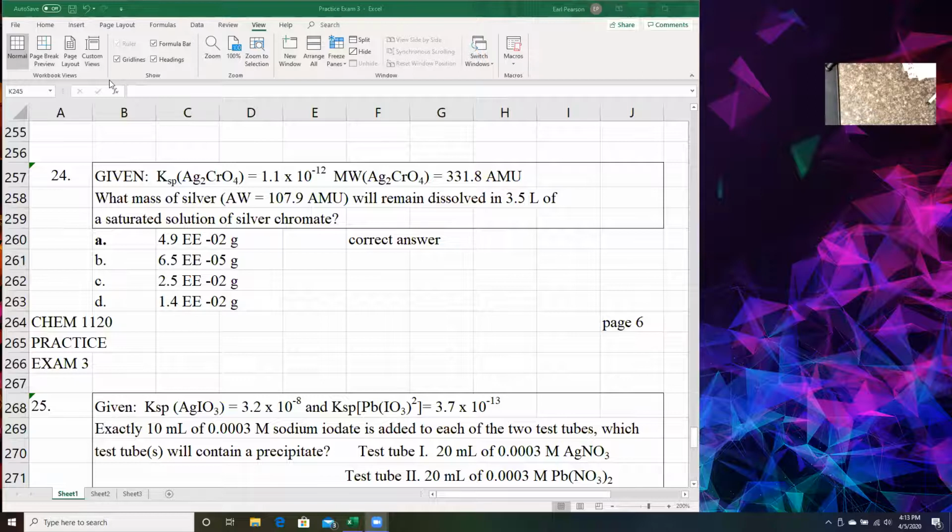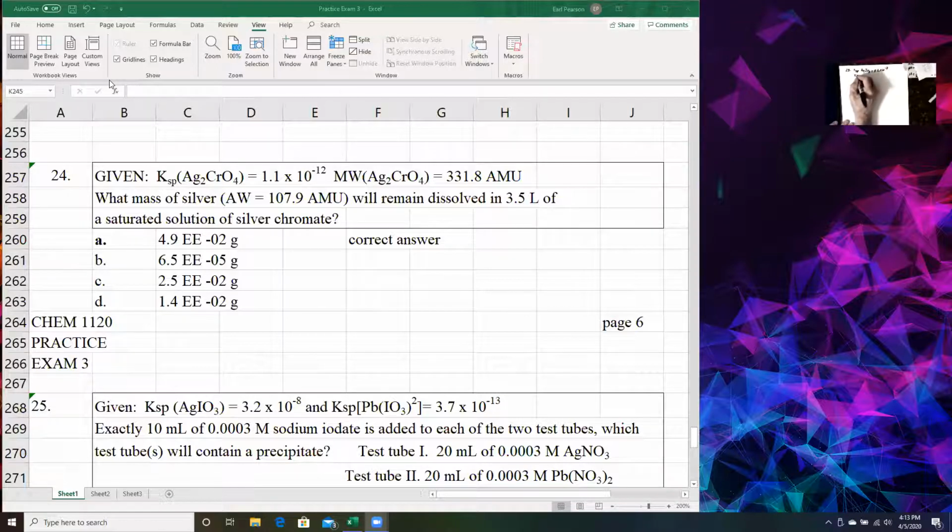All right, and moving right along to number 25. Given the KSP, and we got the KSP of silver iodate, AgIO3, is equal to 3.2 times 10 to the negative 8.